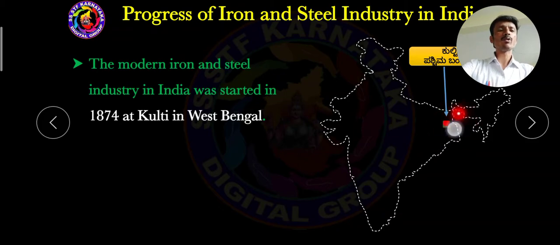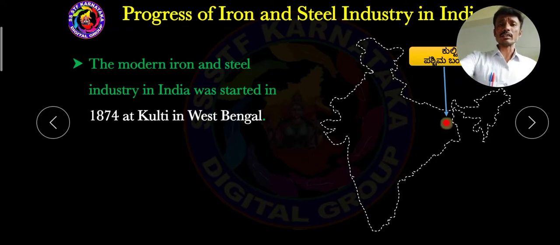So this is a very important map-based place question or MCQ, which can be asked for a 1 mark question. The first modern iron and steel industry in India was started in 1874 at Kulti in West Bengal. So in this place the iron and steel industry was started.